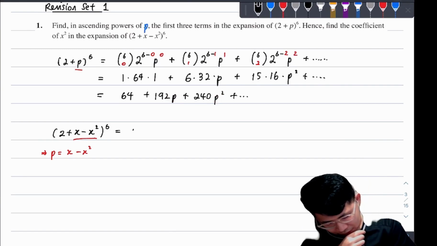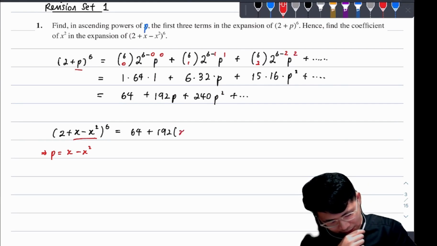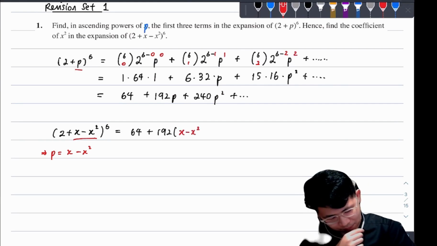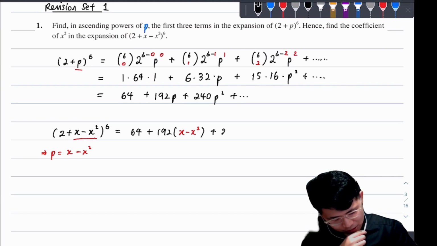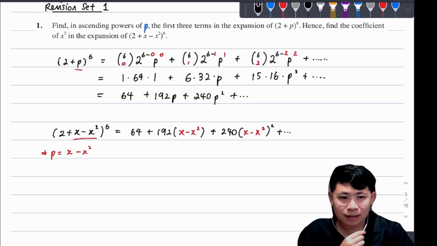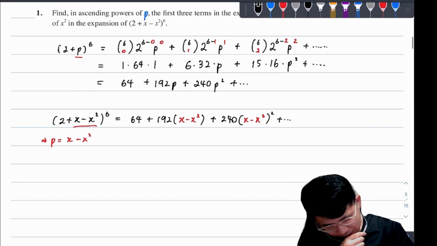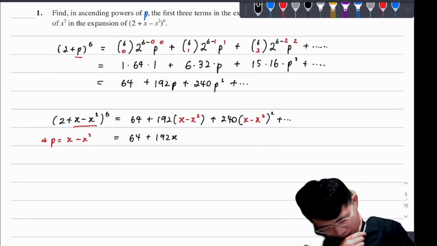Over here we have 64 plus 192(x minus x squared) plus 240(x minus x squared) all squared. Let us slowly expand this first and see how it works. So 64 plus 192x minus 192x squared.